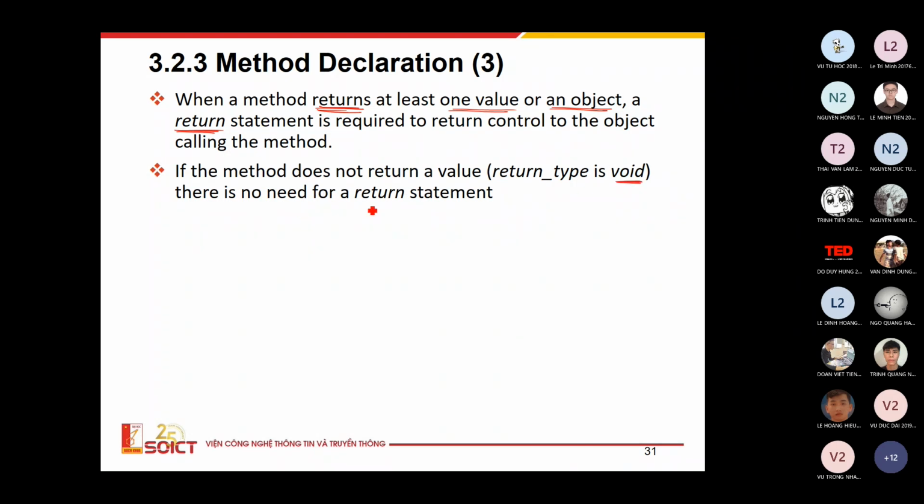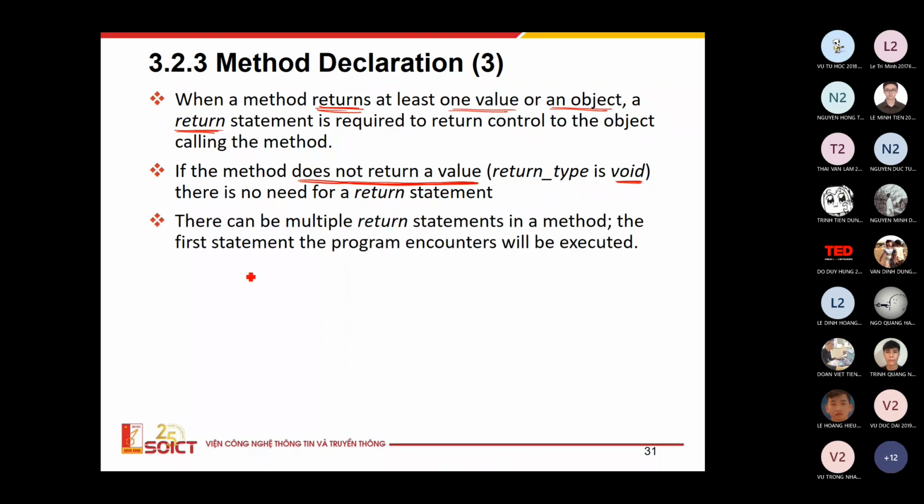There's no need for the return statement. When you use void, that means it doesn't return a value. And when you have many return statements in one method, the first statement that it reaches will be executed.